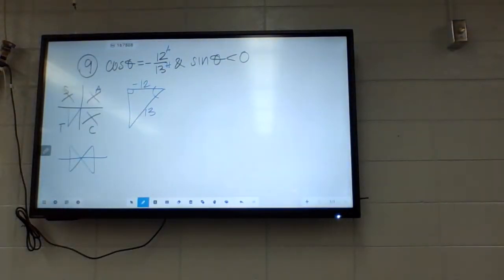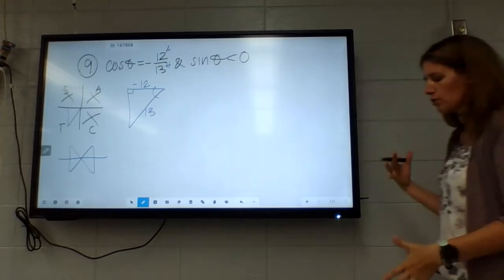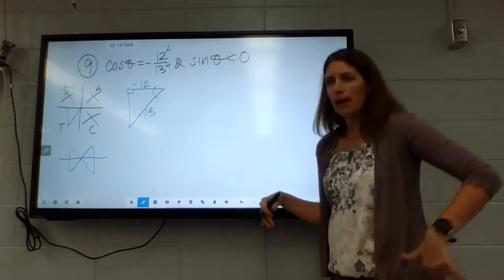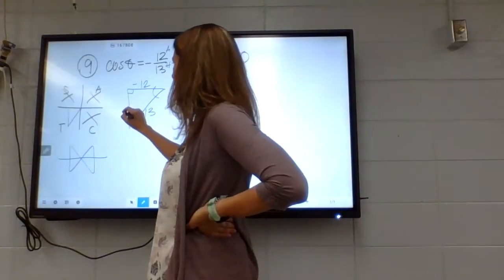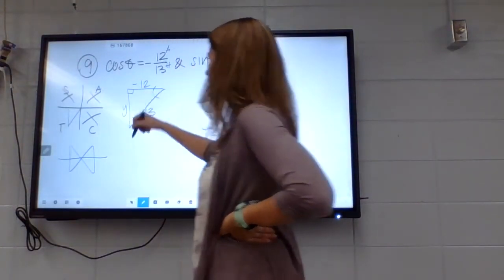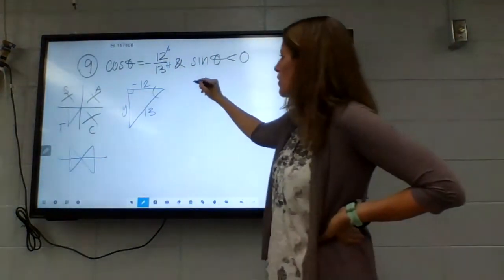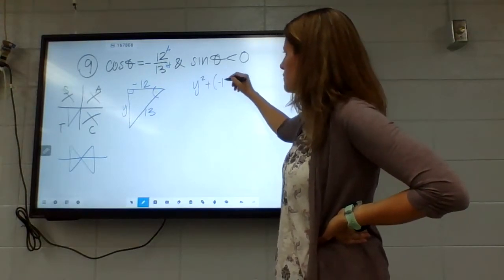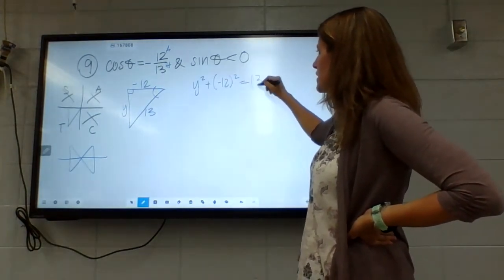This happens to be an easy side to find if you know your special right triangles. If you don't or you're not sure, you can always do Pythagorean theorem. So we're going to find this value. I'm going to call it y because it's up and down. So y squared plus negative 12 squared equals 13 squared.